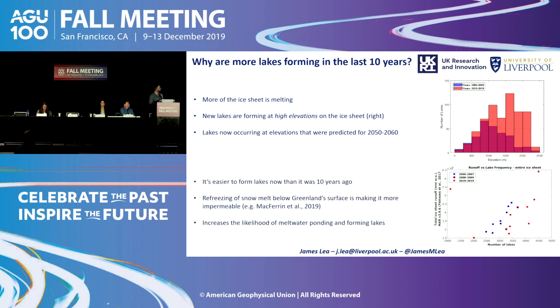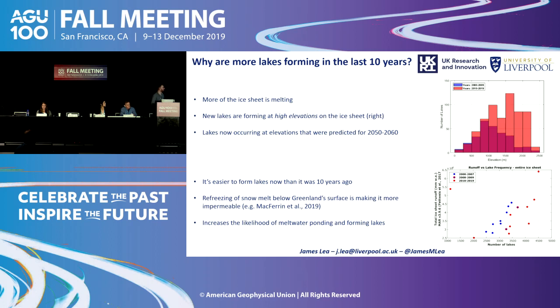And also one of the reasons that we're getting more of these lakes is that it now looks like it's easier to form the lakes as well. So if we look at the graph on the right-hand side, on the x-axis we've got the number of lakes. On the y-axis we've got the total amount of melt, the total amount of runoff happening on the ice sheet.